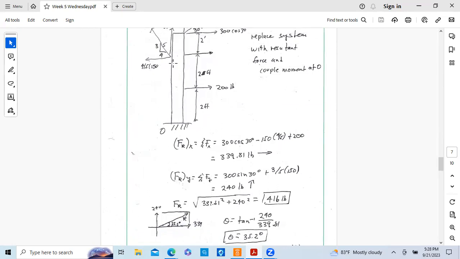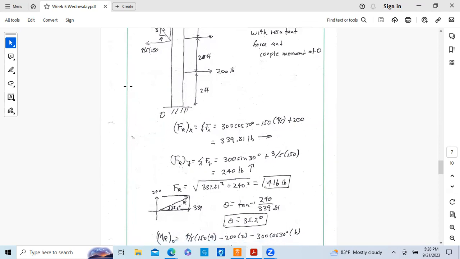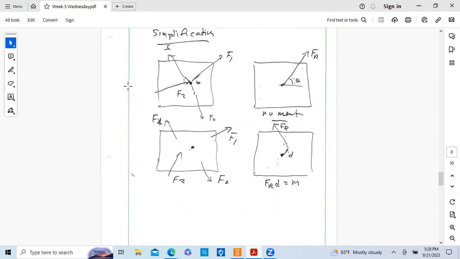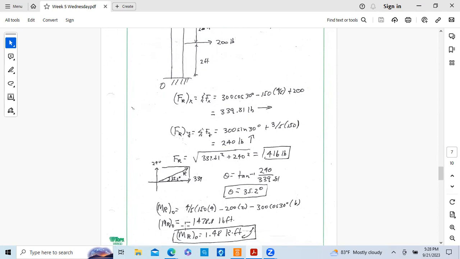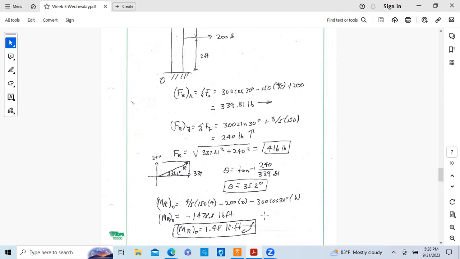Negative, negative, positive. So we have the negative, negative, positive times the moment arms. And we end up with a resultant moment of 1,478.8 pound-feet. Okay. Again, it's negative. Okay, so we need to show the direction as part of that.